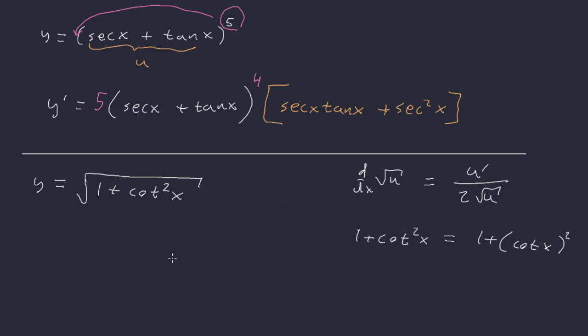All right, so when we go to differentiate, it'll be u prime. Well, here's our u. So it's going to be 2 cotangent x to the 1 times the derivative of cotangent, which is negative cosecant squared, all over 2 times the square root of the stuff.